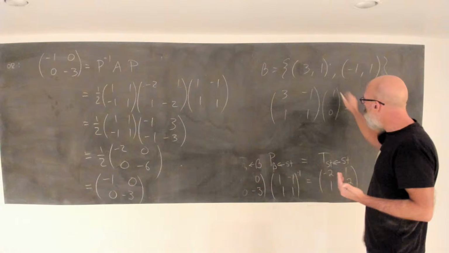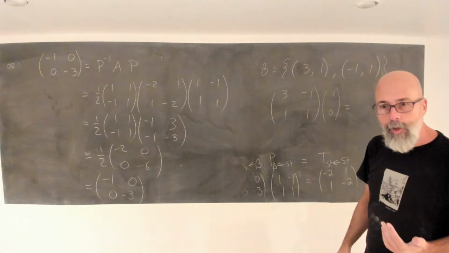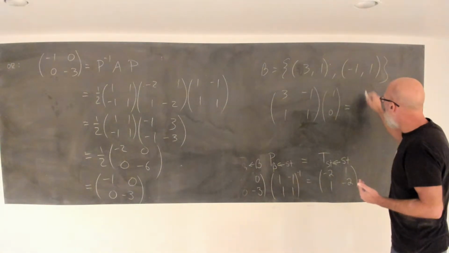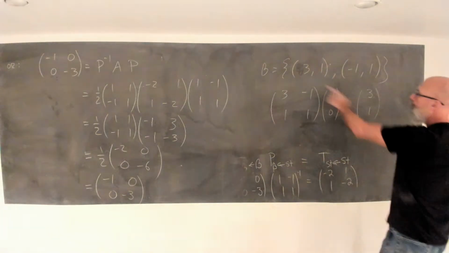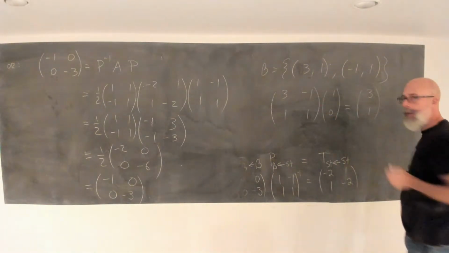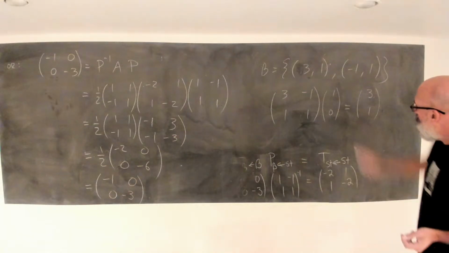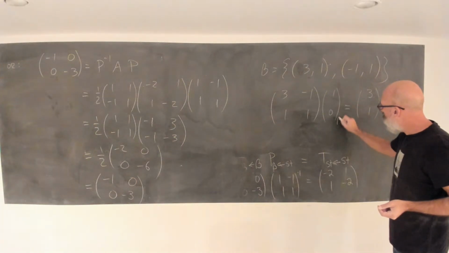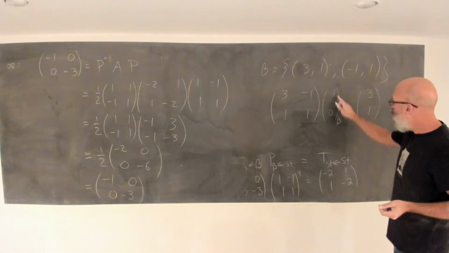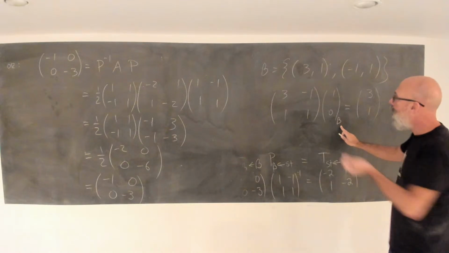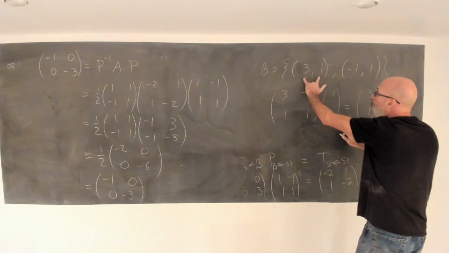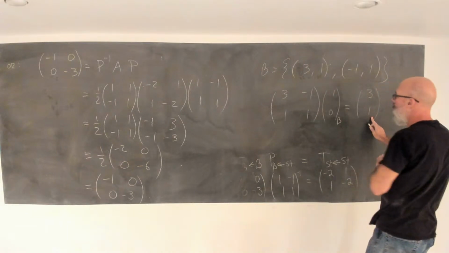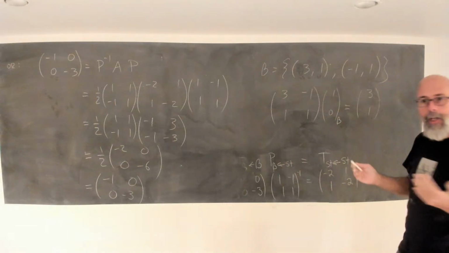What happens when you multiply by the vector 1, 0? You get the vector 3, 1, which is the first basis element. So if this was 1, 0 in B, meaning 1 times the first basis element plus 0 times the second one, it spits out what it is in the standard.